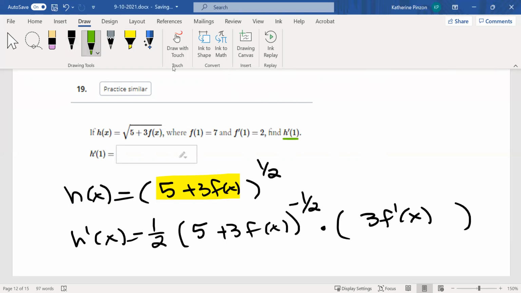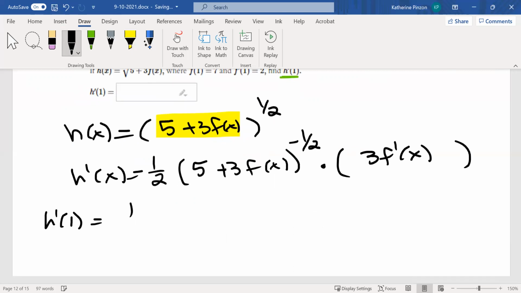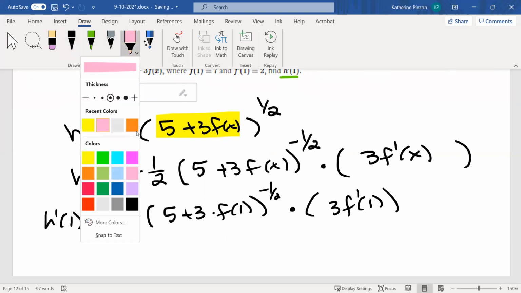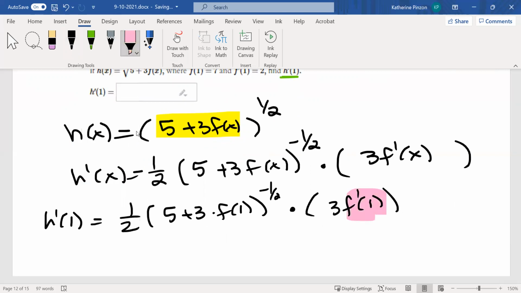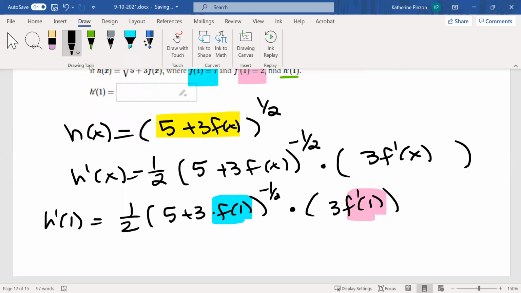Okay, I want to find it at 1. So for all of the x's, I'm plugging in a 1. So h prime of 1 is 1/2 times 5 plus 3 times f of 1 to the negative 1/2 times 3f prime of 1. So I go to my list and I know that f prime of 1 is 2 and f of 1 is 7.